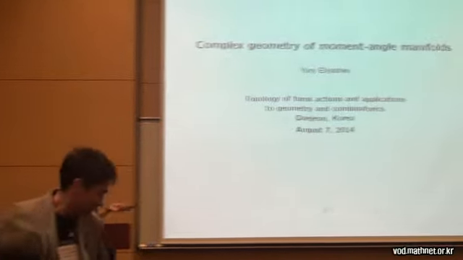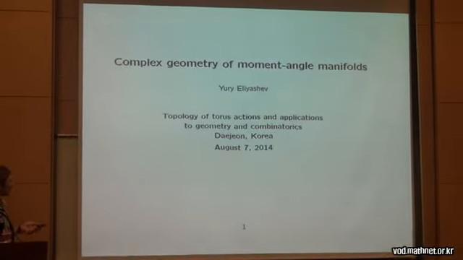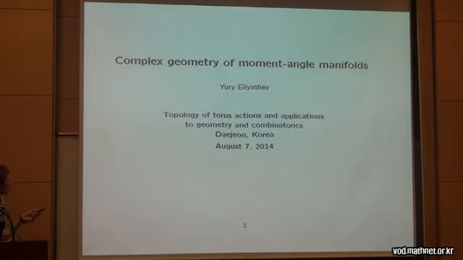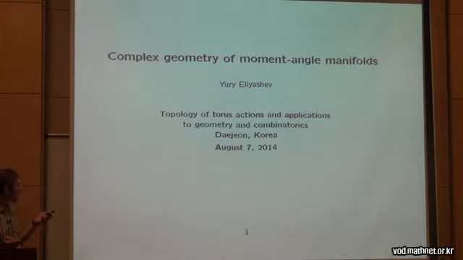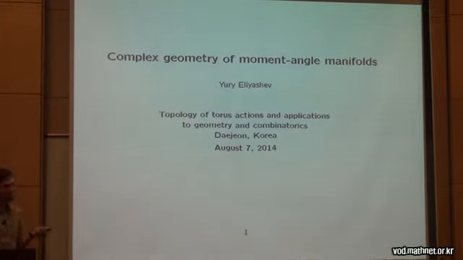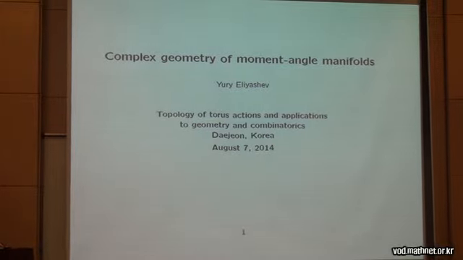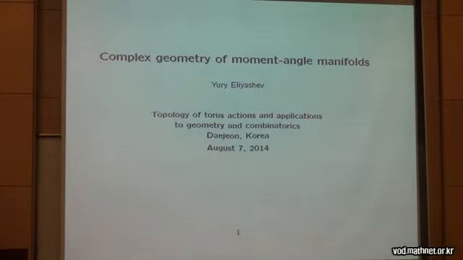Okay, toric topology is quite interested in studying the usual topology of moment-angle manifolds and moment-angle complexes, but it was discovered recently that we can endow the moment-angle manifolds with a complex structure.